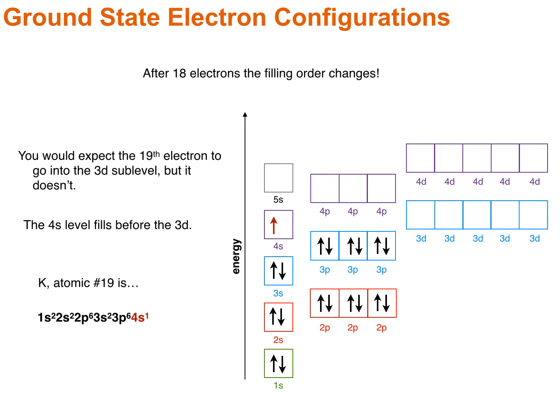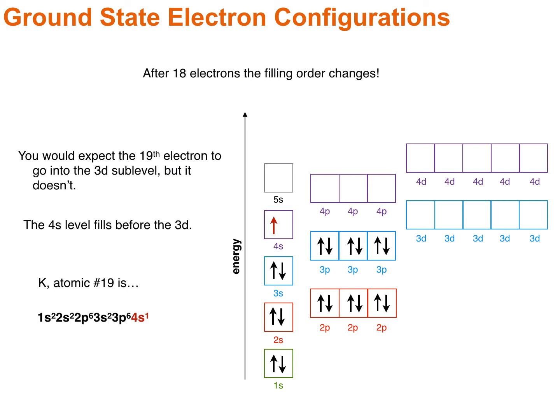If we fill the orbitals according to their energy, calcium, the electron configuration for calcium is going to be 1s2, 2s2, 2p6, 3s2, 3p6, 4s2. Okay.